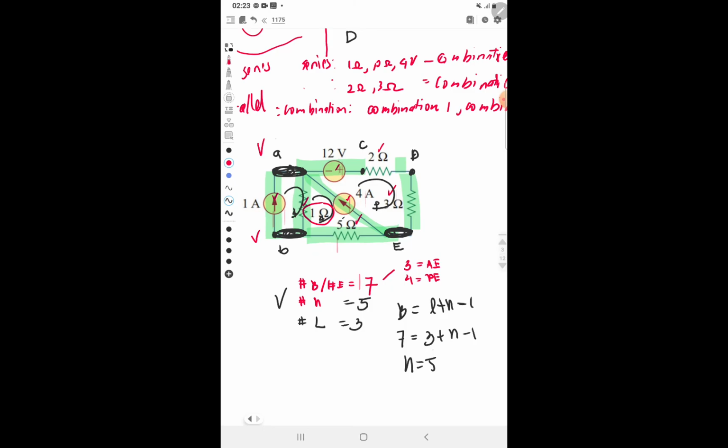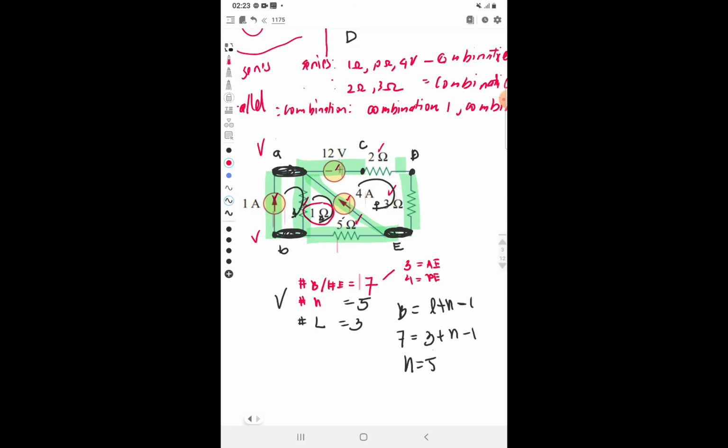Okay, next is that the combination of the 1 ohm and the 1 ampere is connected also in series with our 5 ohm later on, pag na-simplify yung circuit.